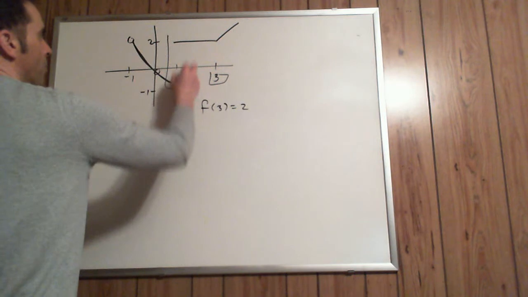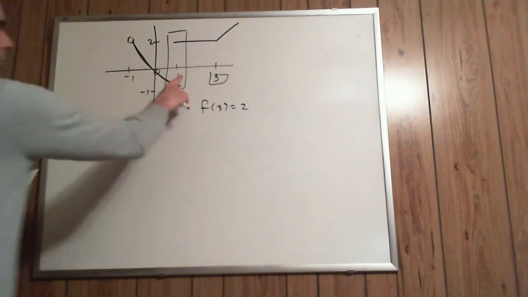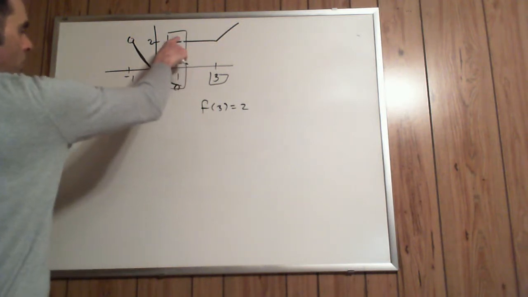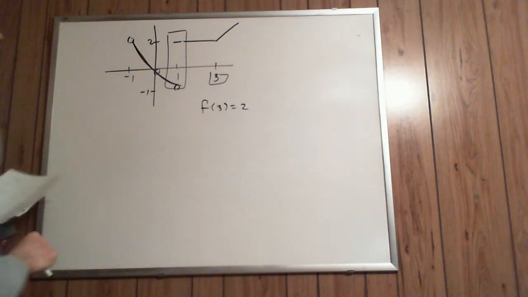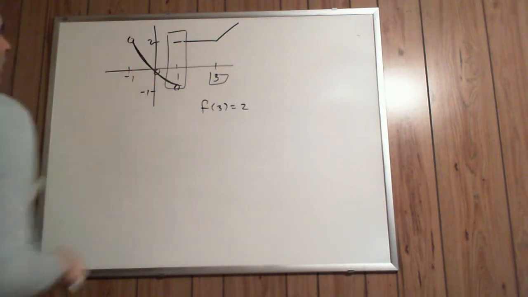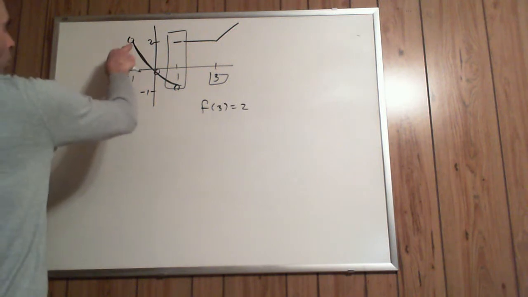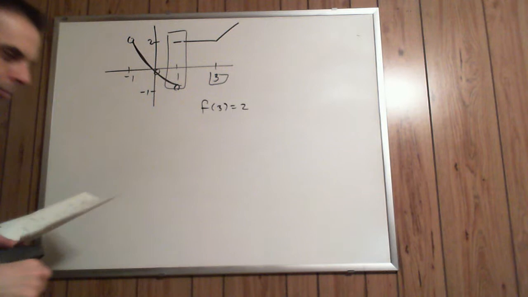Is it continuous at 1? No. There's a gap here, but for what reason? It's that the limit does not exist. The limit from the left of 1 is negative 1. The limit from the right of 1 is 2. Therefore, the limit as x approaches 1 of f is a DNE. Is it continuous at 0? Yes. Is it continuous at negative 1? No. And the reason is that f at negative 1 is a DNE.